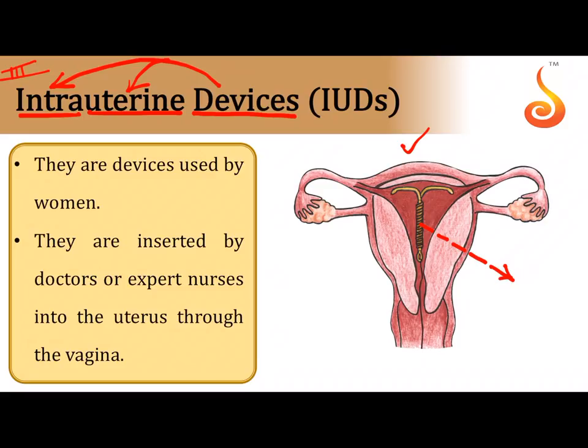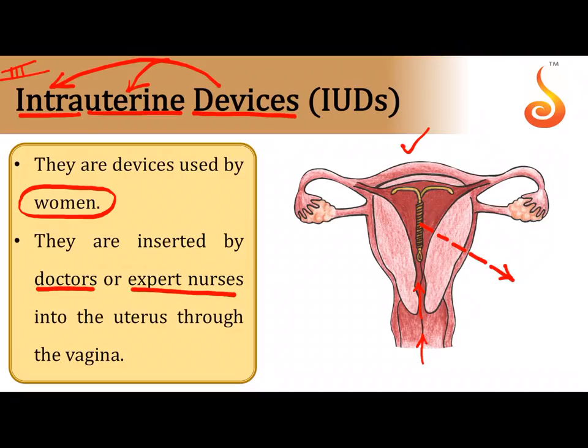And see how it is placed inside the cavity of the uterus. It has to be inserted through the vaginal canal, through the cervix, and then it is placed inside the uterus. So obviously this has to be done by a doctor or an expert nurse. The woman cannot insert the structure on her own. And these are devices which are employed specifically in women, obviously because the name itself indicates it is intrauterine.